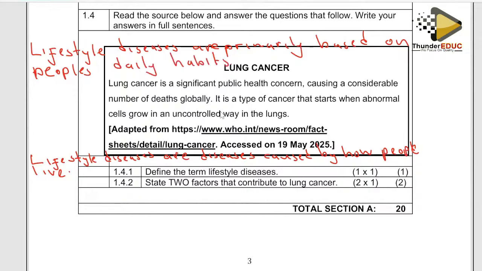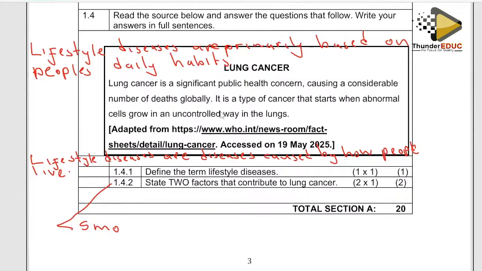So what you do on a daily basis actually affects you, and you end up having lifestyle diseases. Then the second question, 1.4.2, says state 2 factors that contribute to lung cancer.